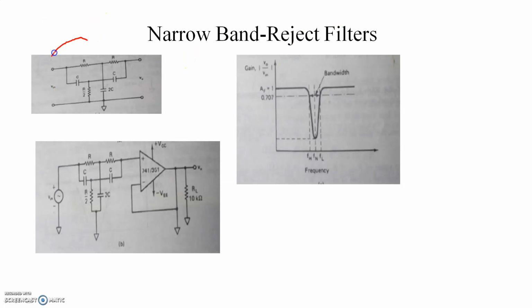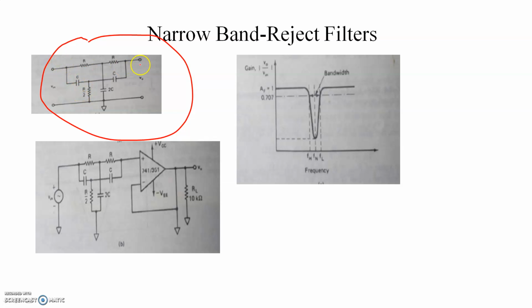This is the twin T network. It is a passive filter, and it consists of two T-shaped networks. One T network is made up of two resistors and one capacitor, and the other T network is made with two capacitors and one resistor.